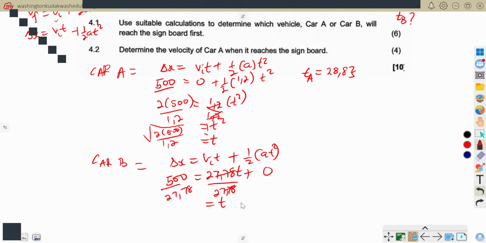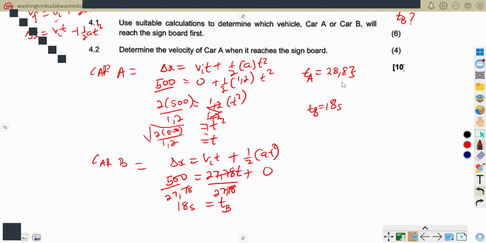If we punch in our calculators, the time taken for B, 500 divided by 27.78, I will get a time of 18 seconds. So the time taken for B is 18 seconds, whilst the time taken for A is 28.87.